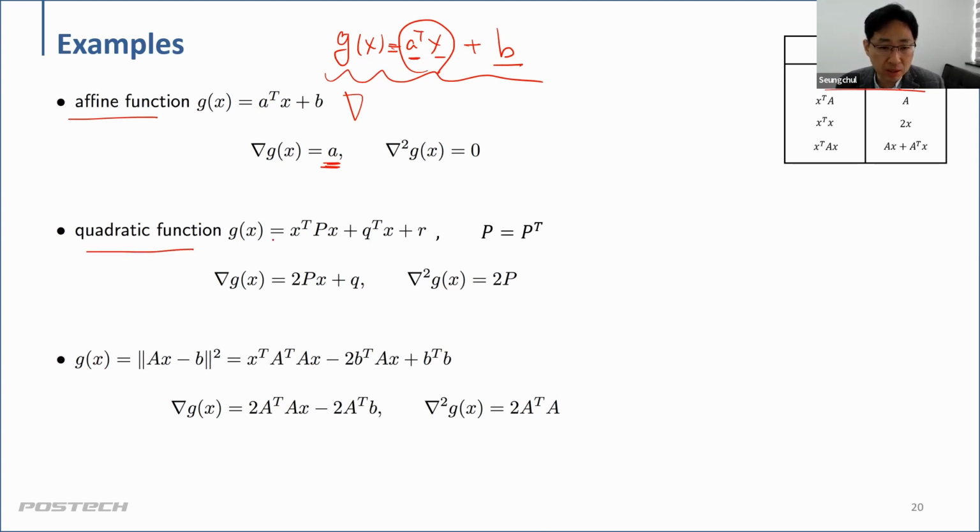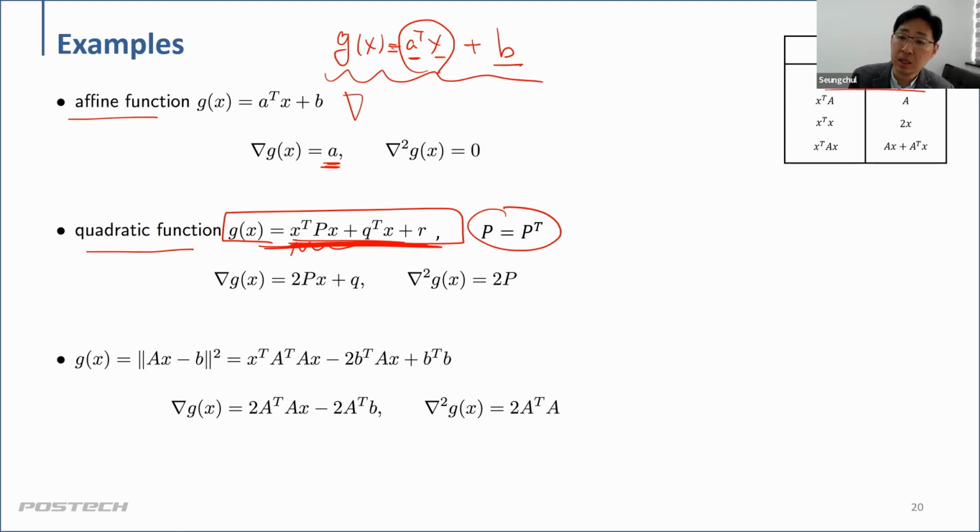And for quadratic, now what I want you guys to get is some insight that this is pretty much the similar concept of a square in scalar, but in the vector, in the matrix or high dimensional space, you have to think of it like that. And if P is a symmetric matrix, it doesn't have to be, but for quadratic, it has to be symmetric.